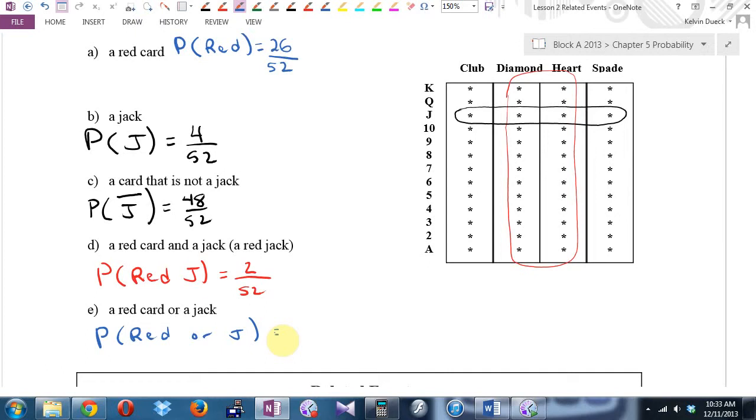In other words, can you read this to me again, Emma? What does E say? Just read to me exactly what it says. That's going to be 1, 2, 3, 4, 5, 6, 7, 8, 9, 10, 11, 12, 13, 14, 15, 16, 17, 18, 19, 20, 21, 22, 23, 24, 25, 26, 27.